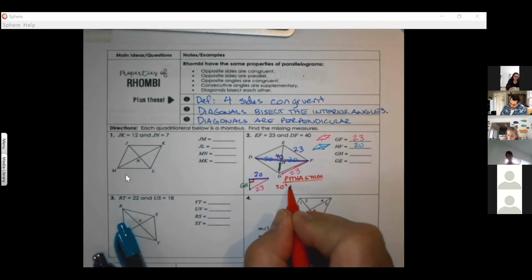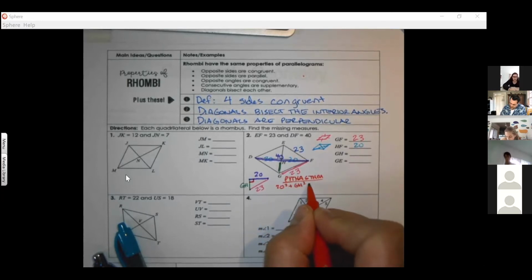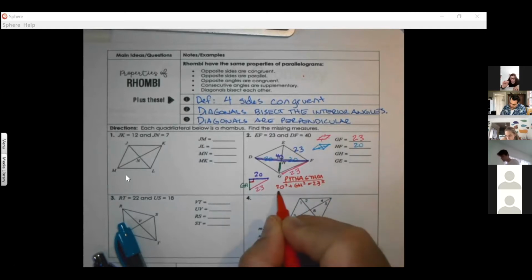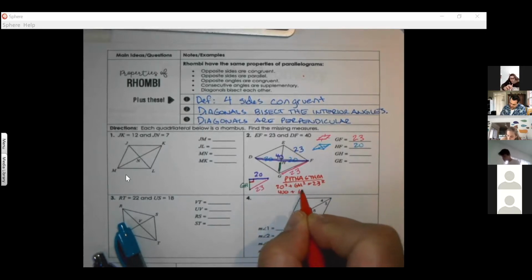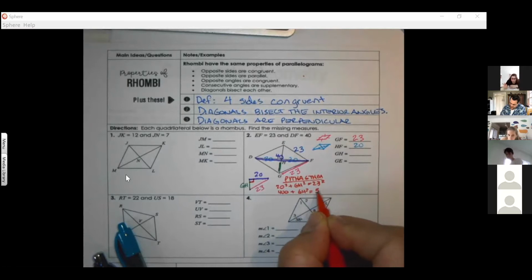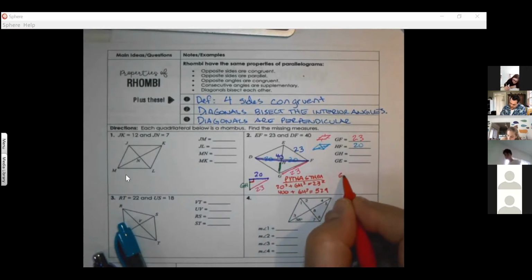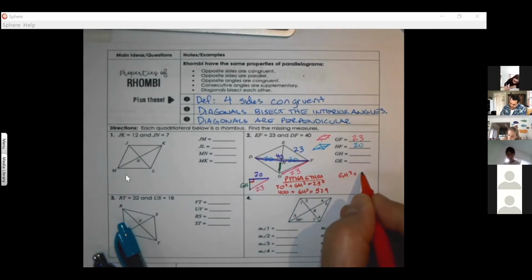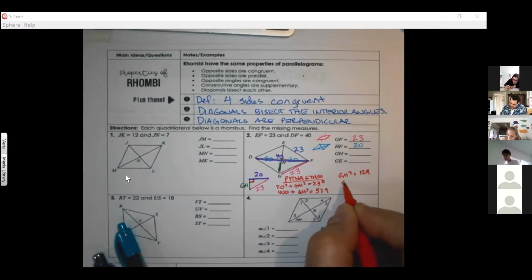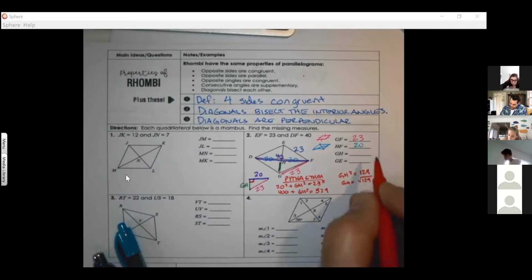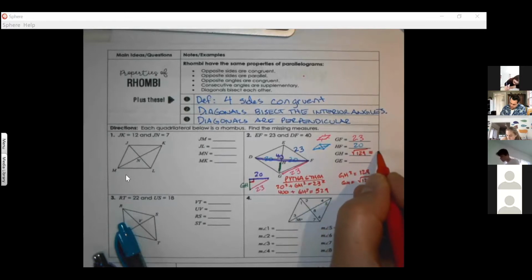So 20 squared plus GH squared equals 23 squared. 400 plus GH squared equals 529. So GH squared equals 129. So GH equals square root of 129. Which is about 11.36.